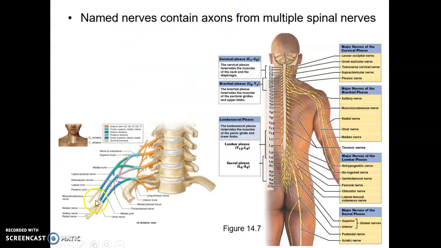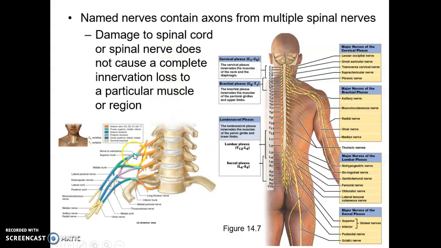So the named nerves, for example, the median or the axillary or the radial nerve here, or let's say the ulnar nerve, are formed from axons from different multiple spinal nerves. So in a way, it's redundant wiring to a particular area.